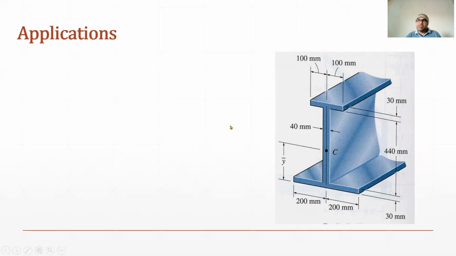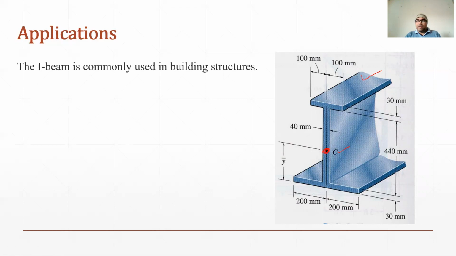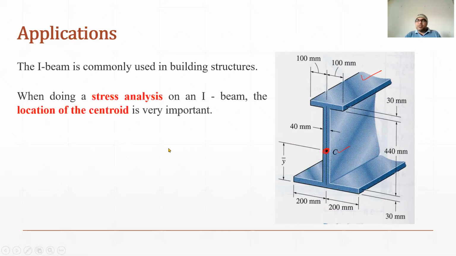For example, if I take this I-beam, determining the value of this geometrical center, expressed as C, is very important. If we want to analyze this beam, say for stress analysis, determining this value will be very important.